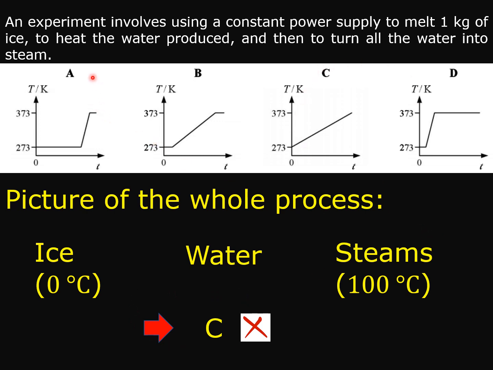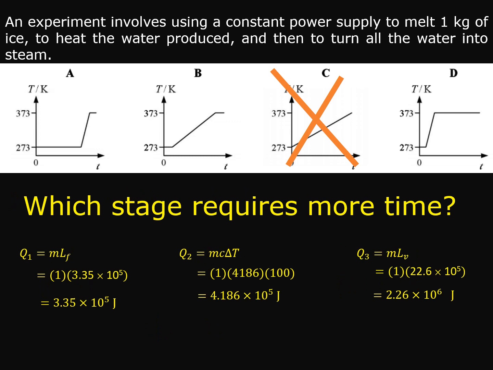But for the remaining options A, B, and D, which one is the right answer? To know that, we have to ask another question: which stage requires more time? Let me call the ice transforming into water stage number 1.